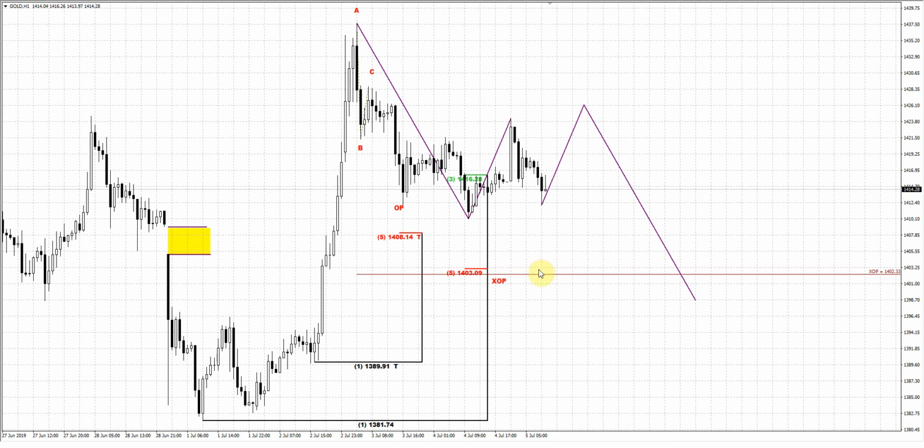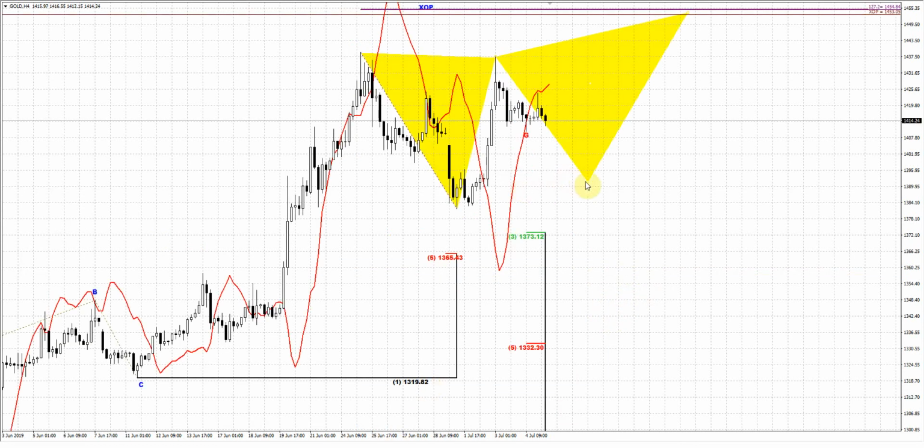Here we are mostly watching the XLP on this initial ABCD pattern. It stands at 1402. And if we get this kind of ABCD pattern, if this leg does not happen, then AB equals CD will stand at 1396. So somewhere in this area will be the point where a potential bottom of the right arm should be formed. Based on the hourly chart, it will be slightly higher than I drew it here, somewhere in this area.